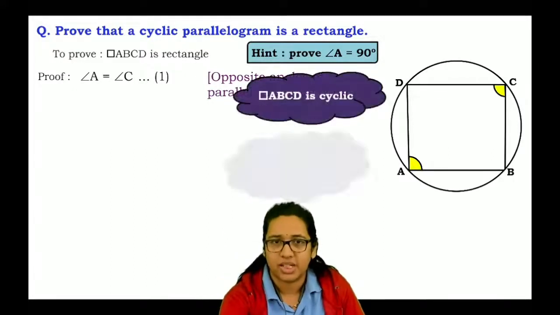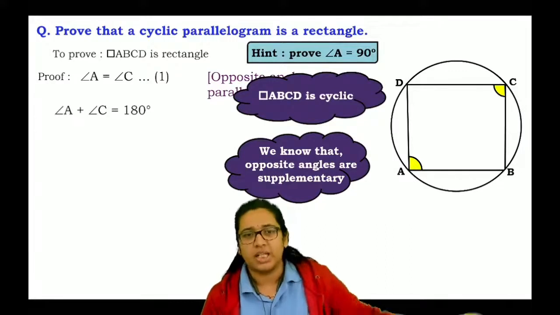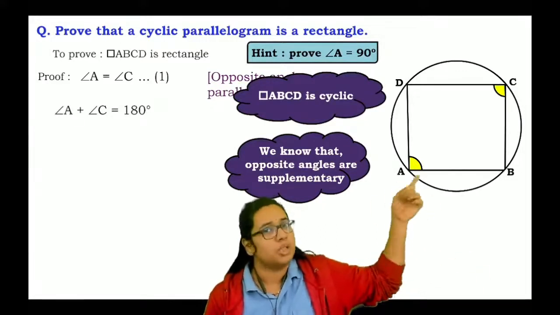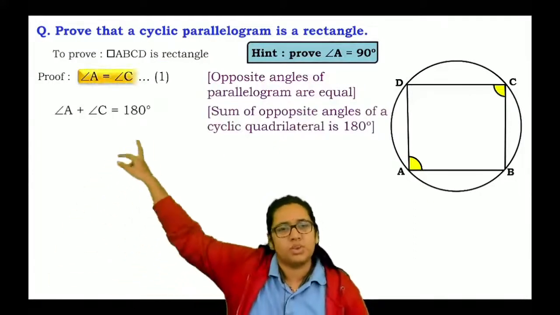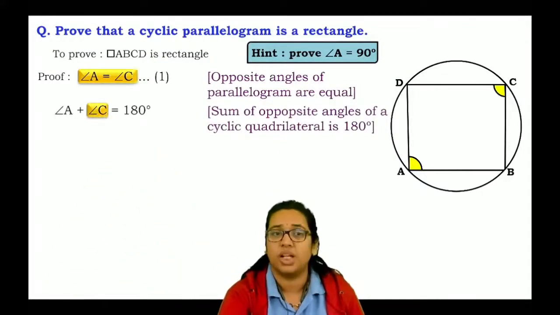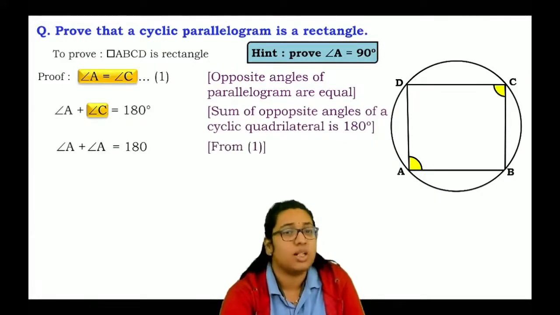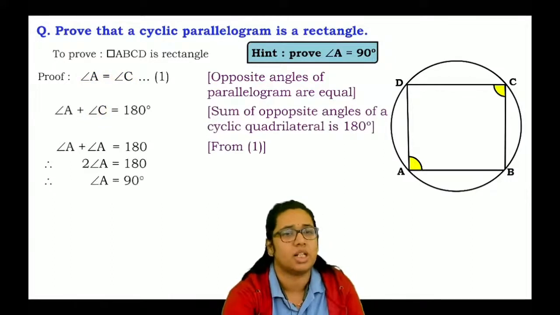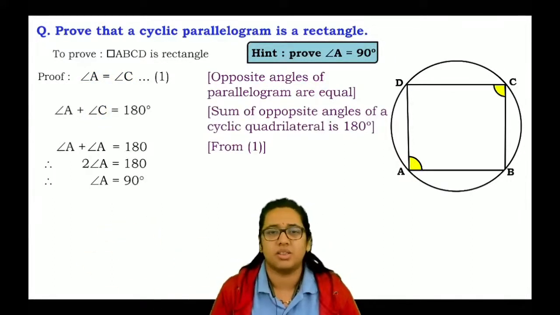If it is a cyclic quadrilateral, then we know that opposite angles are supplementary. That is, measure of angle A plus measure of angle C will be 180. So using those two cases, as A and C are equal, we can replace C by A. So you can say that twice the measure of angle A equals 180, that is, A is nothing but 90 degrees. That's it.